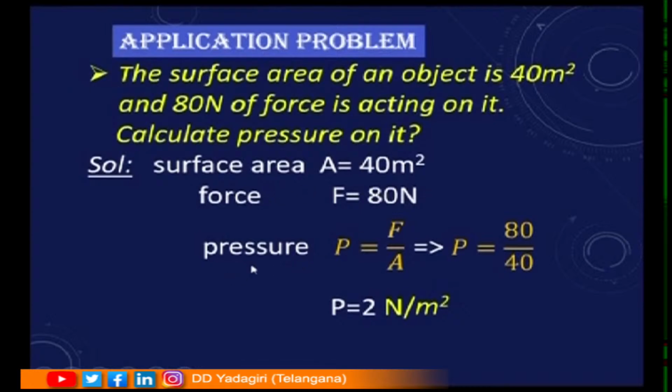We have to find the pressure, and we have the formula, P equal to F by A. Substitute the values of force and area in this equation, that is 80 by 40, and calculate. So the pressure value is 2 Newton per meter square. Don't forget children, writing units. After completion of your calculation, you have to write the units.